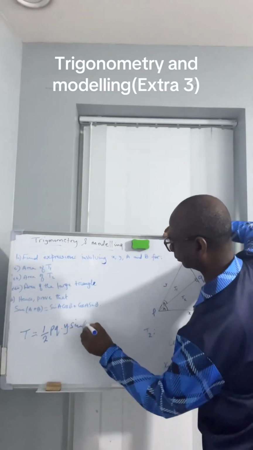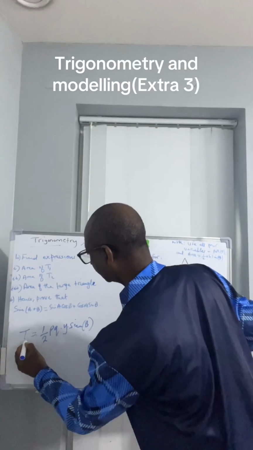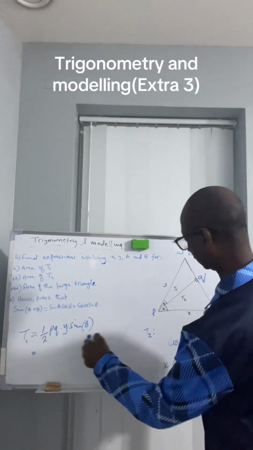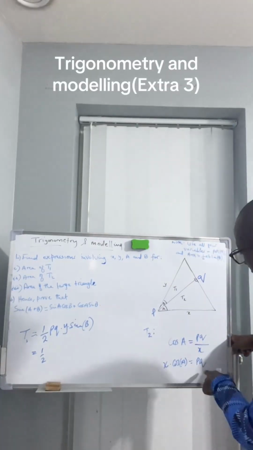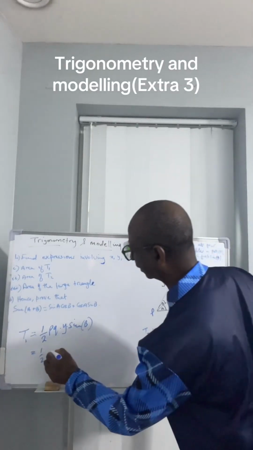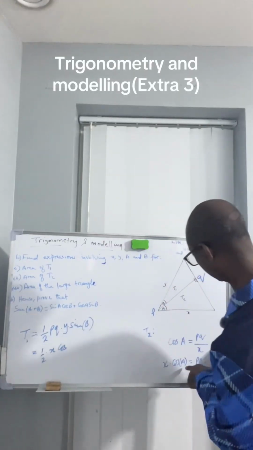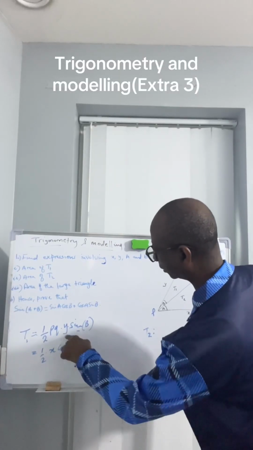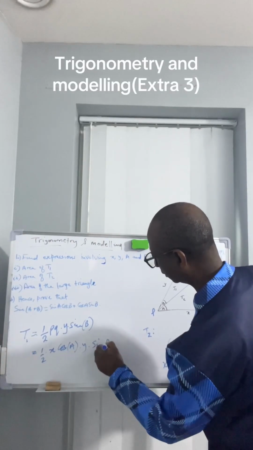Sine B. So T1 is equal to 1/2 times PQ, which is x cosine of A, times y times the sine of B.